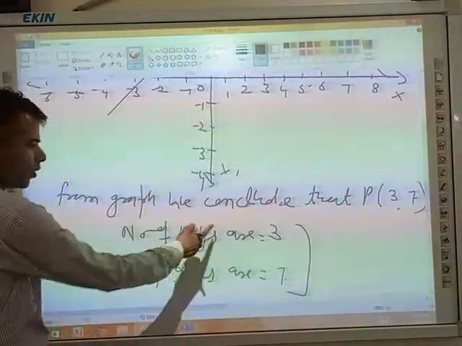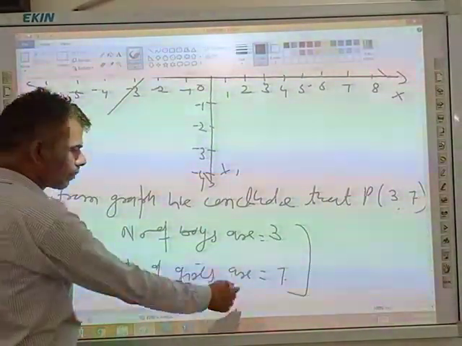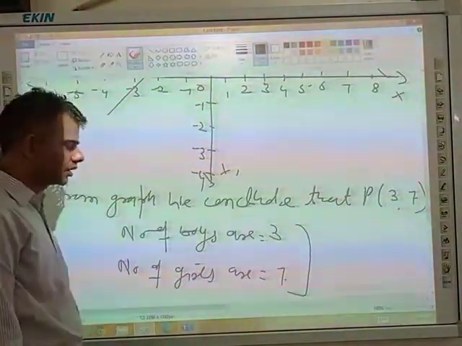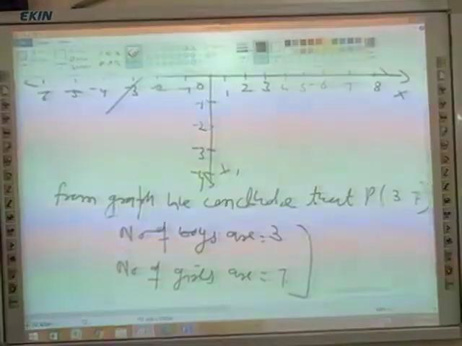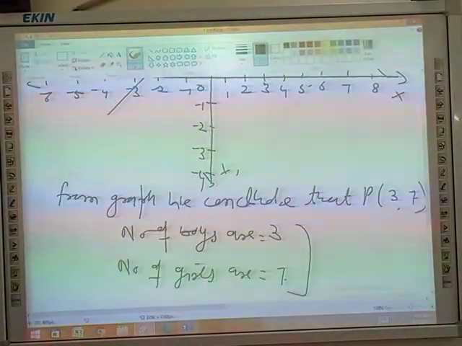It means the number of boys is 3 and the number of girls is 7. Students, any doubt, any problems?